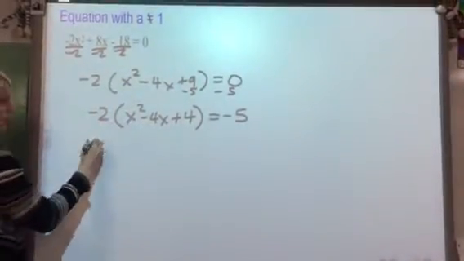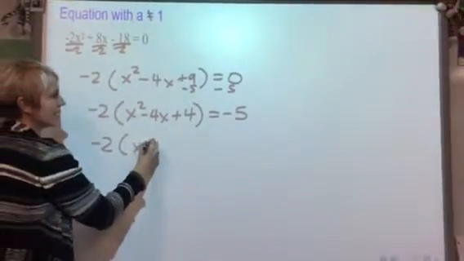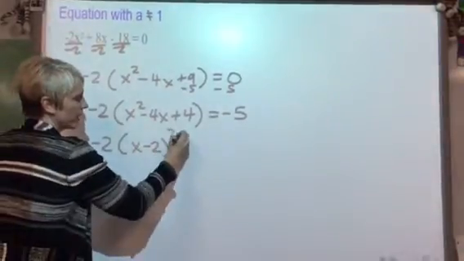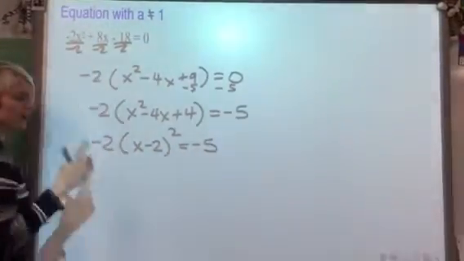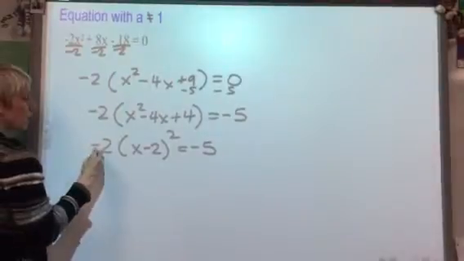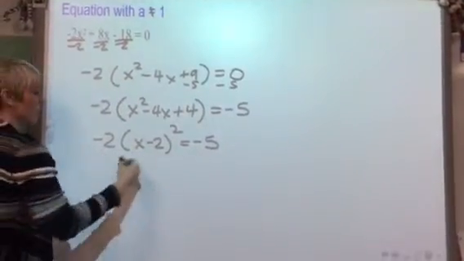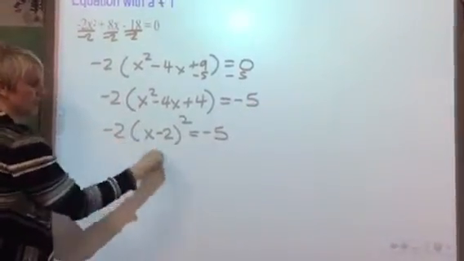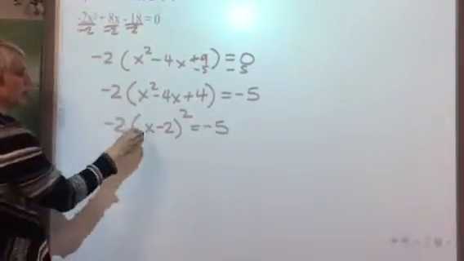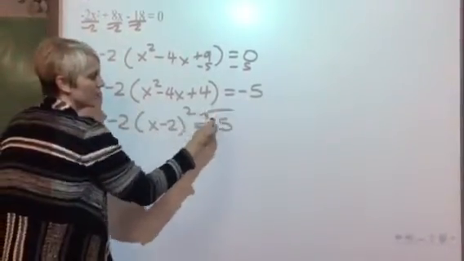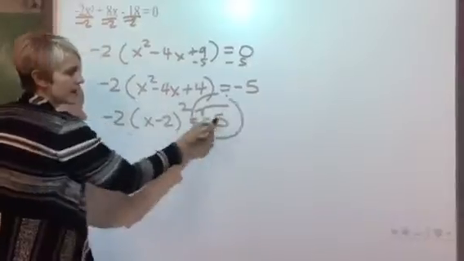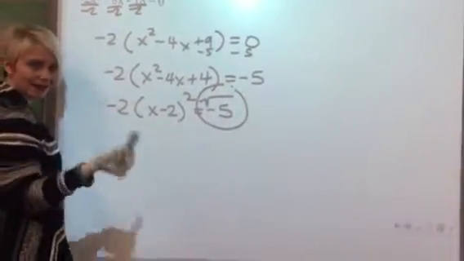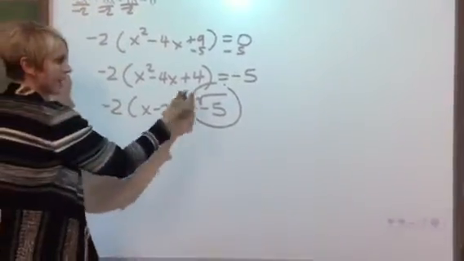Now I can factor: negative 2 times x minus 2 quantity squared equals negative 5. And I'll see something interesting here. When I do my square root property or divide by negative 2 on both sides, whatever you want to do there, you're going to notice that when I do a radical of a negative, this is not possible. I cannot have a negative inside a radical sign.